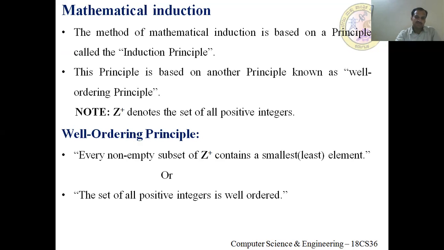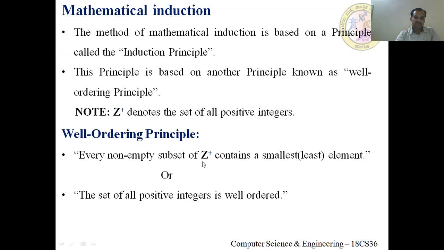In all these further sessions, we are going to assume Z plus as the set of all positive integers. As I already mentioned, the induction principle is based on the well-ordering principle. The well-ordering principle states that every non-empty subset of Z plus contains the smallest element, that is the least element, or the set of all positive integers is always well-ordered.